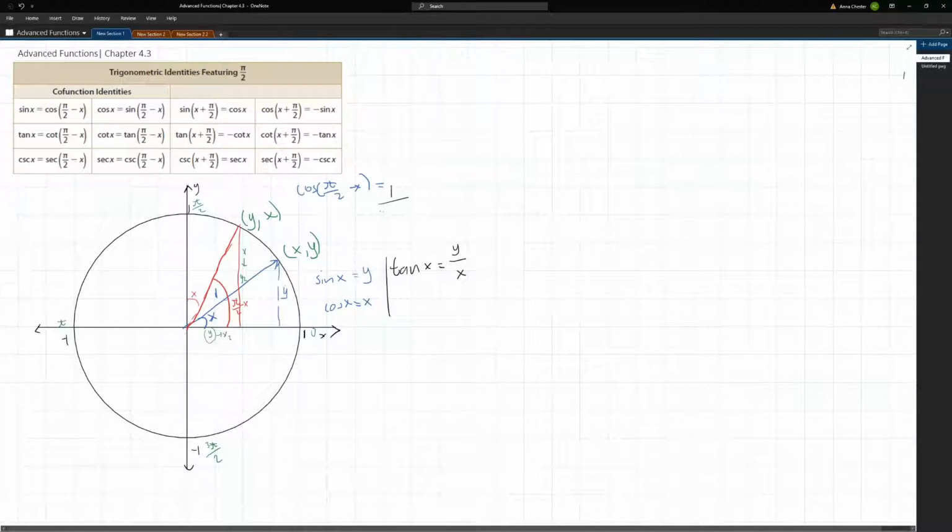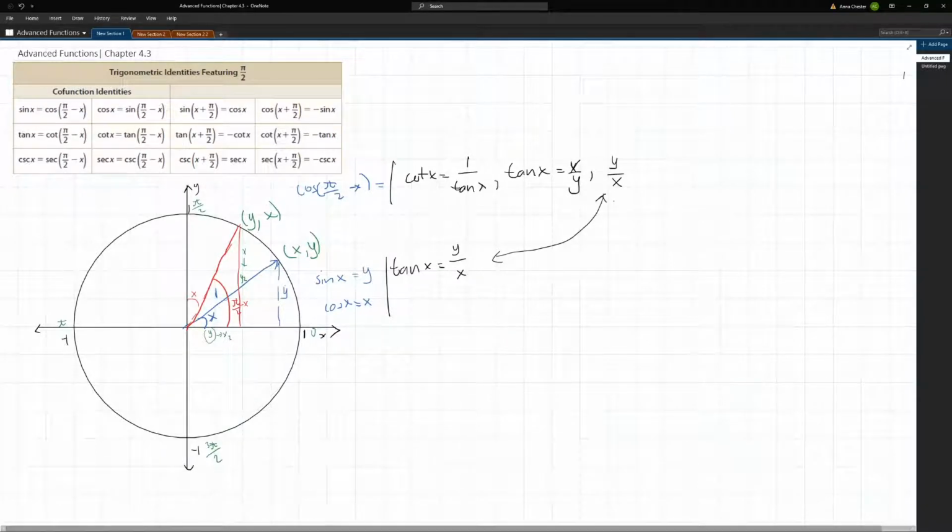So for example, let's write that, cot of x is equal to 1 over tan of x. What is tan of x in this scenario? Tan of x is actually equal to y over x. Sorry, x over y. I wrote that wrong. x over y. So the inverse of this would be y over x. As you can see, these two values are again the same. Therefore, our second identity has been proven true.